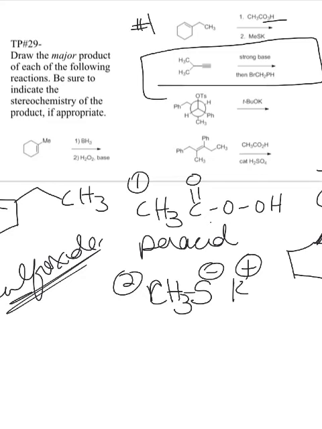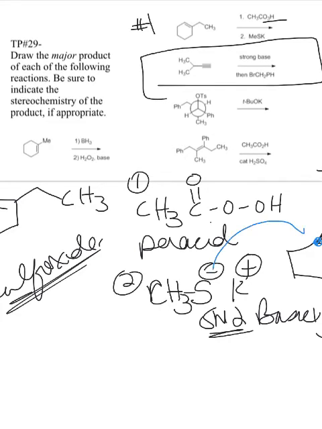Now the problem here is, let's not make this acidic. This is kind of confusing, because if it's acidic, it's going to open one way versus the other. But because this is an SN2, and it's basic, it's going to come in the least hindered. So when you think of SN2, you need to think of least hindered. So you've got two choices here. You can open this epoxide because of the ring strain, either here or here.